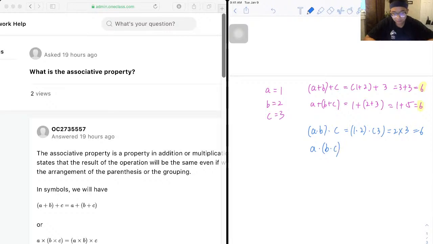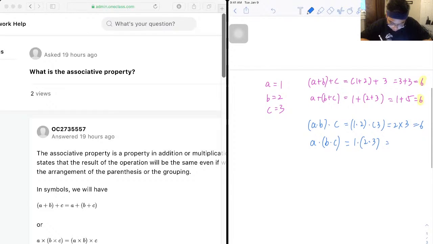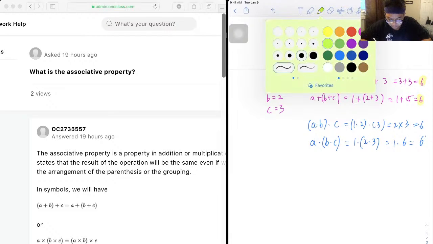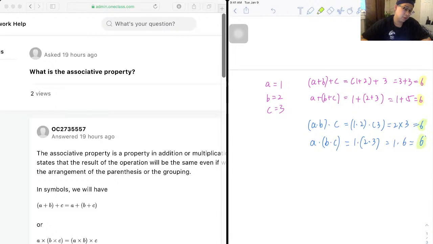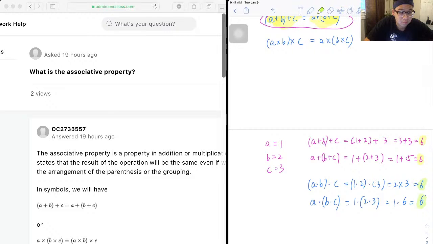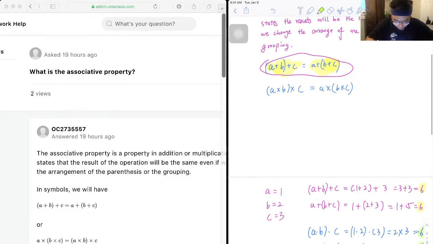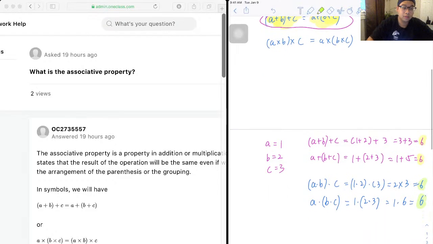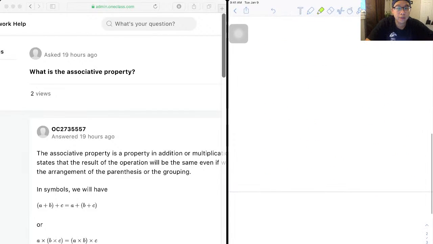Then if I multiply the last two terms first, which is 1 times (2 times 3), we will have 1 times 6, which is still 6. So the associative property can also be applied to multiplication. Now we finish proving this part. I think that's all we have for this question. Okay, so let's leave a comment there.